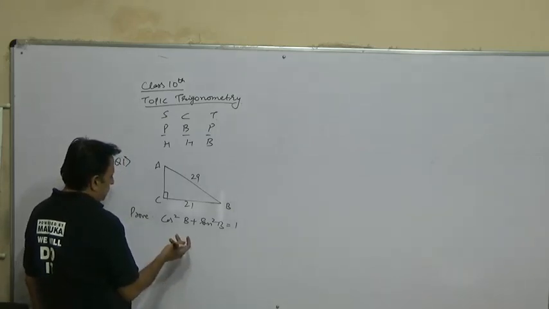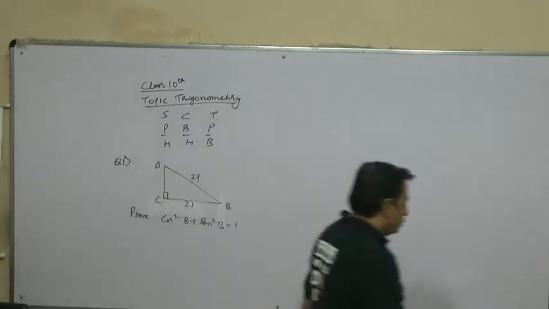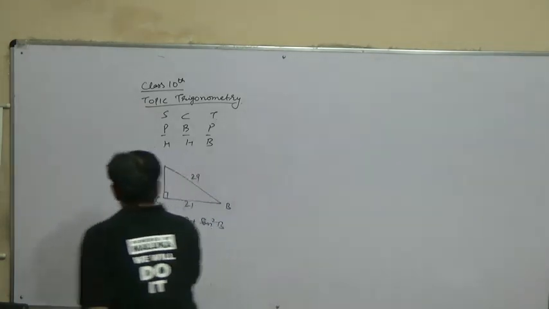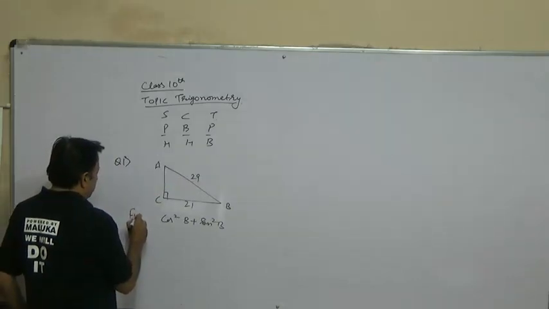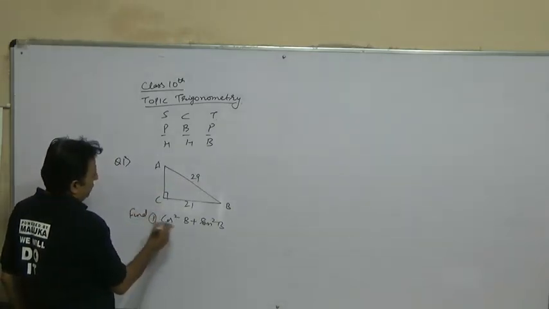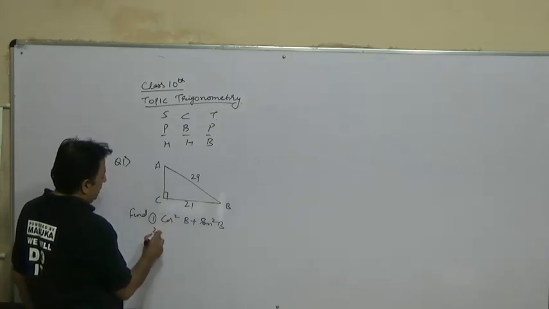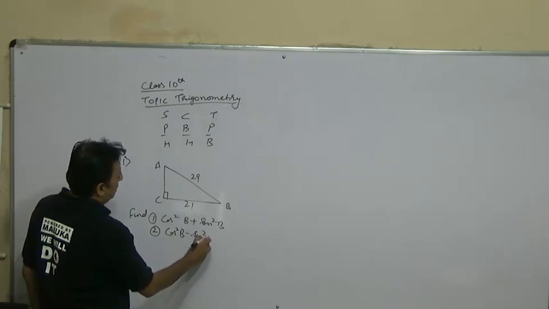We are not to prove, we are to show this. We have to find first cos square B plus sin square B, secondly cos square B minus sin square B.